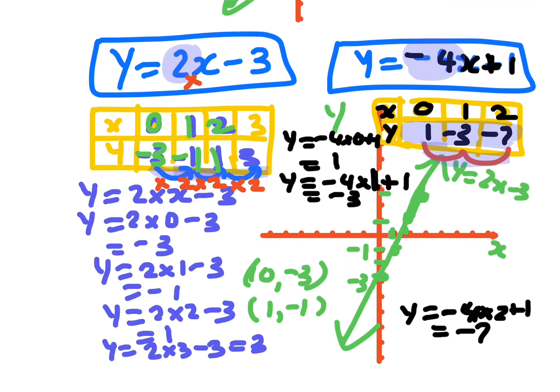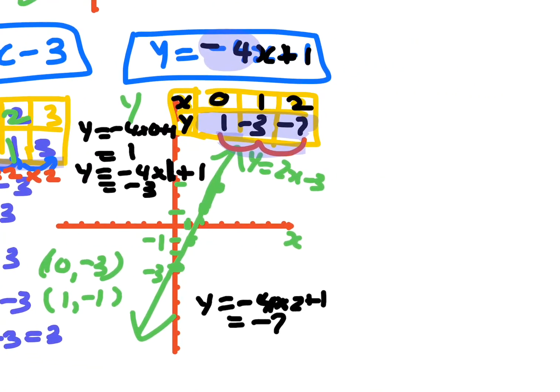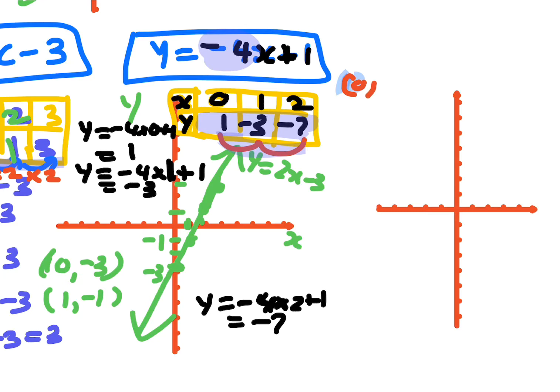If we look at that one, I'm going to draw it on a different number plane because otherwise I think it'll just get a bit messy. So we're now going to plot the points. The first one that we have here is (0, 1). So go across 0, and we go up 1. That's just the blue blob there. Then we go (1, minus 3).